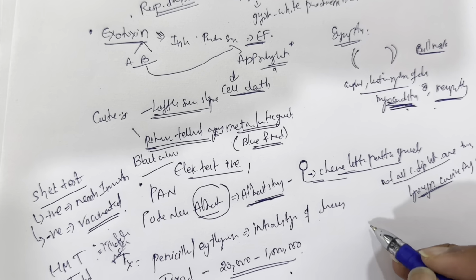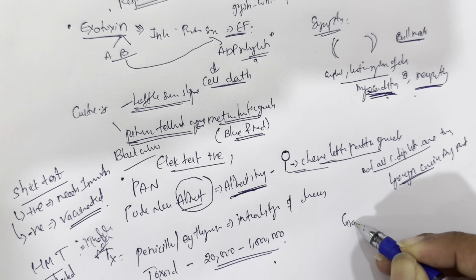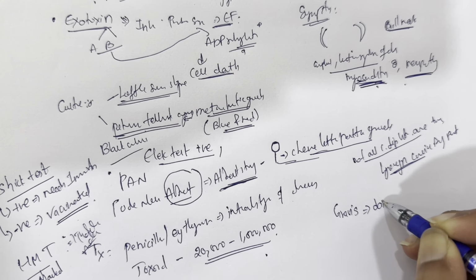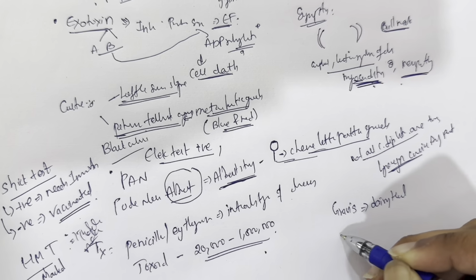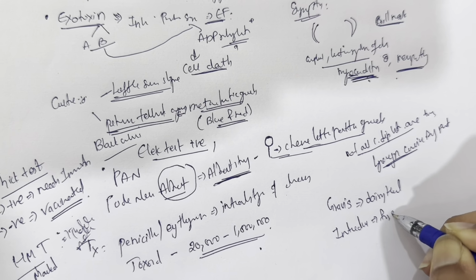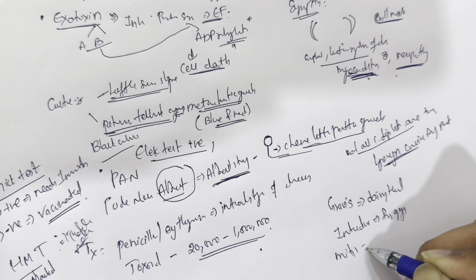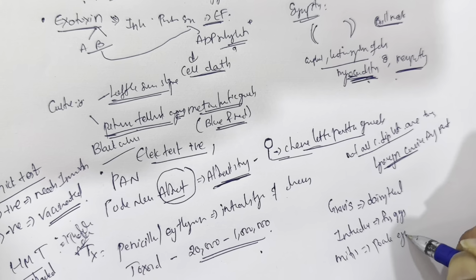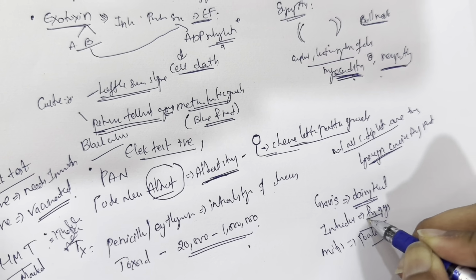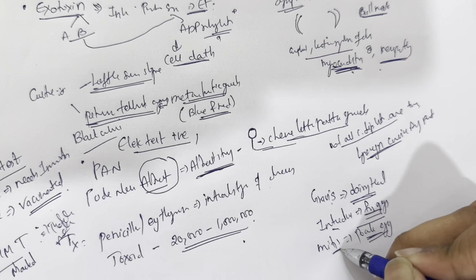Talking about the biotypes of diphtheria, there is gravis, for which we see daisy head colonies. For intermedius, we see a frog egg pattern of colonies, and for mitis, we see poached egg colonies. So daisy head is gravis, frog egg shape of colonies is intermedius, and poached egg is mitis.